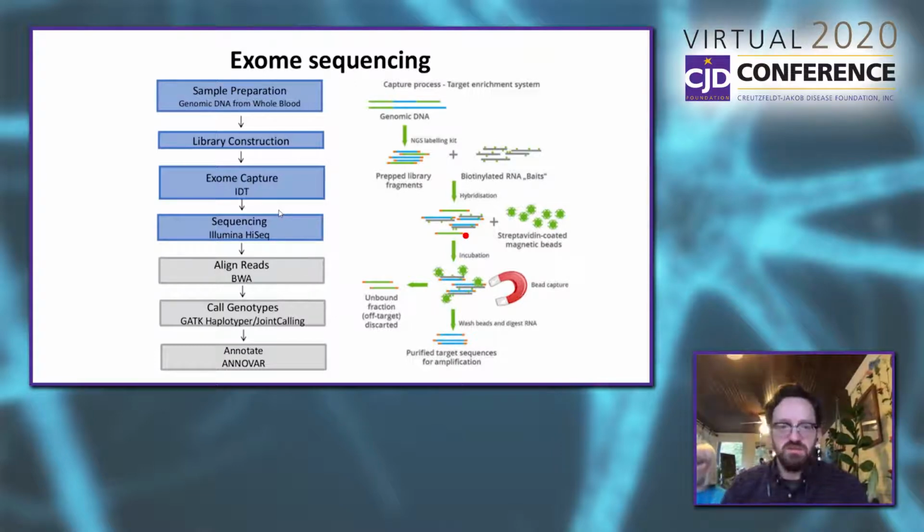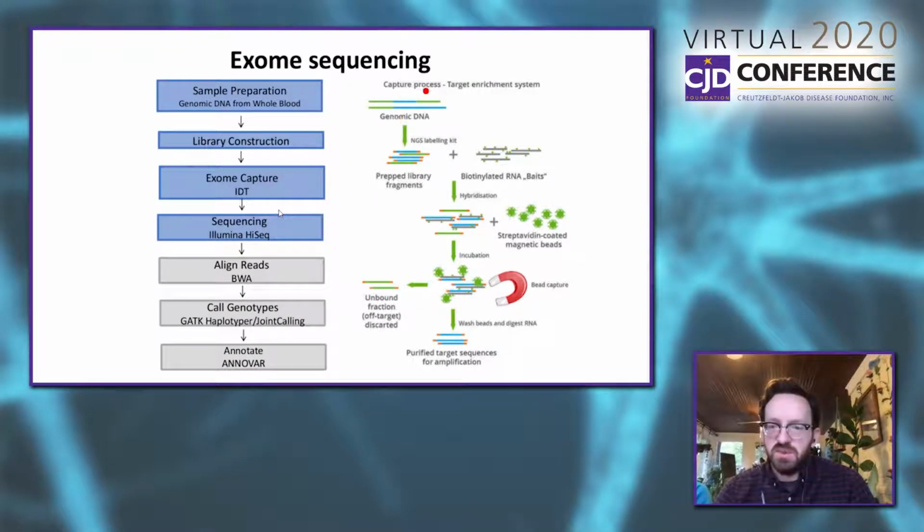And so I'll detail a bit of the work that we've done on the 71 exomes that we've sequenced so far from sporadic CJD patients. The first step is that we performed exome sequencing on these patients' DNA samples. In short, exome sequencing is the sequencing of the protein coding sequence within a person's genome.